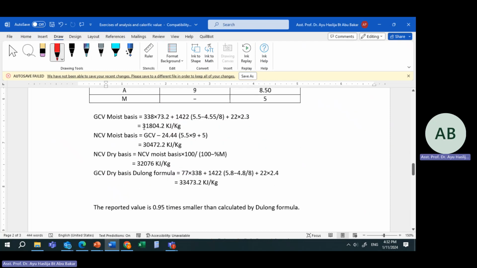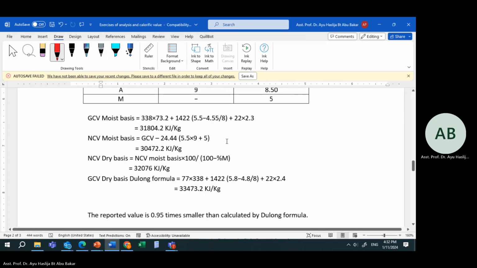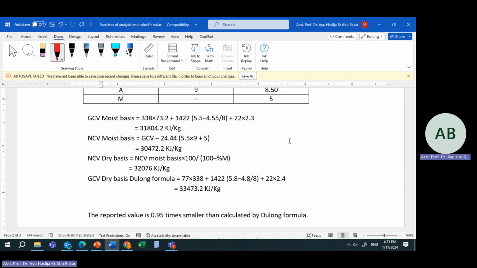Joule ini dapat. Berapa yang moist basis ni?